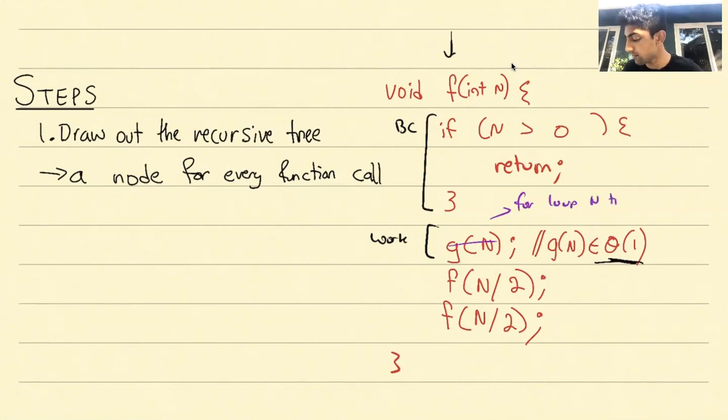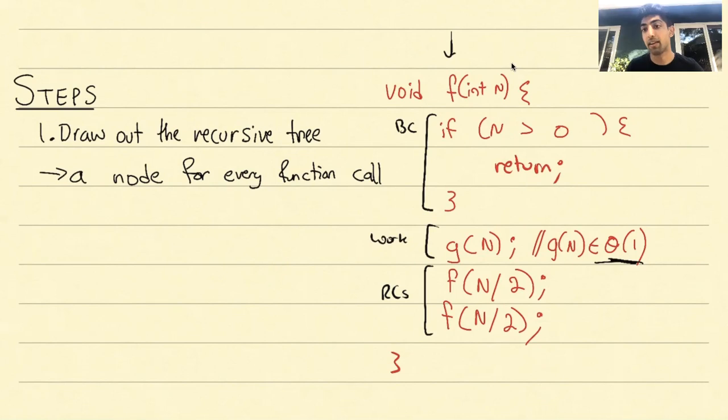So we can break up a function into the base case, the work that function does, which in general is all of the work in that function body, and the last piece, the recursive calls. Breaking up this function into these components helps us approach asymptotic problems.